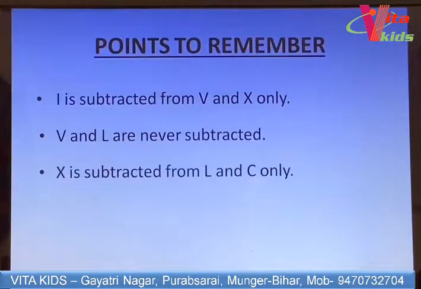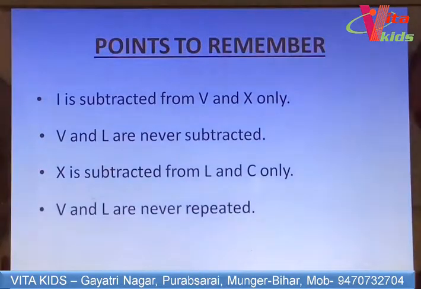X is subtracted from L and C only. Next point, V and L are never repeated. Now these points you have to learn them and they are important for your understanding of the concept of Roman numbers. You could be asked to fill in the blanks from these statements.